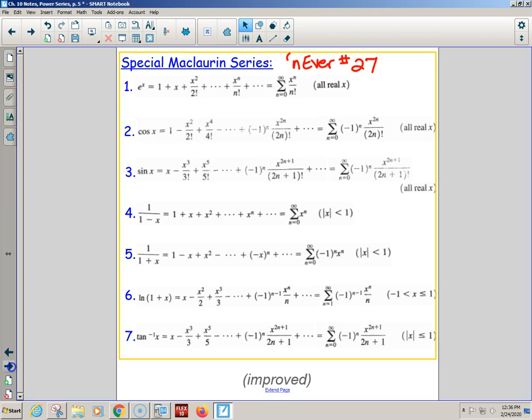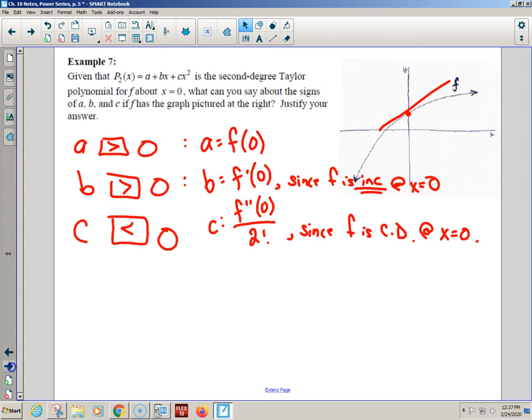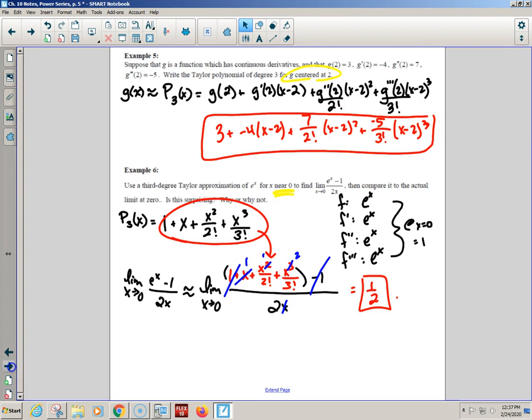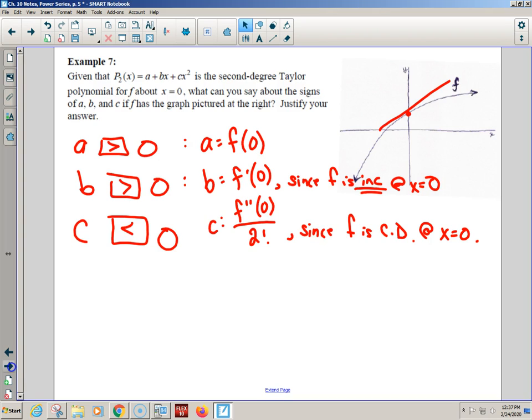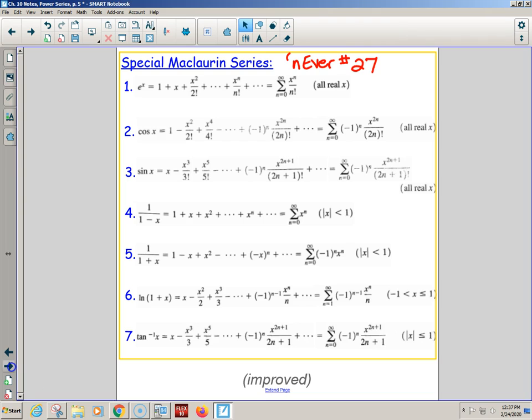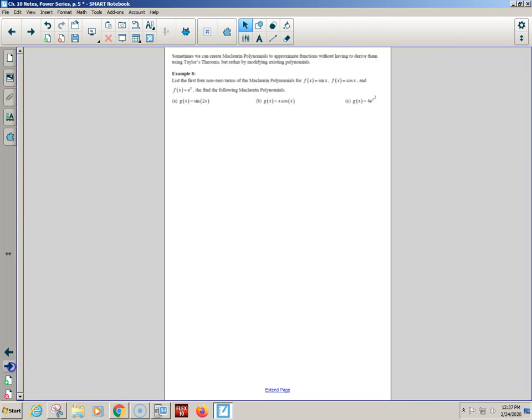But if you knew it's Taylor, that's Maclaurin, you could jump there. Or even better, if they give you one of those AP ones where they don't give you the function, like in example number 5 or example number 7, you have to use what they tell you to figure out the derivative because you can't solve for it by hand at all. Okay, it's on there.